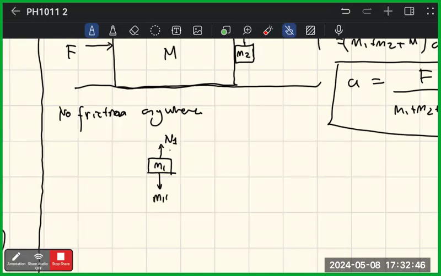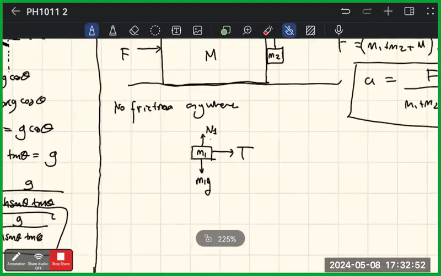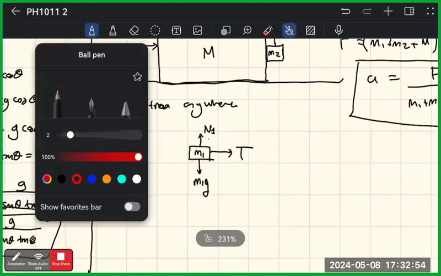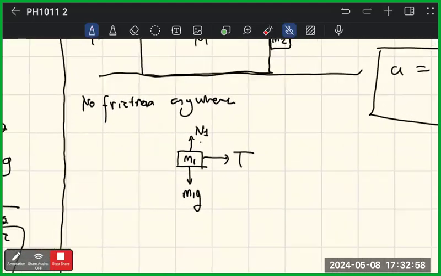We have m1g, we have tension here, and because we're seeing this from the reference of the moving system, we have to say that it has a fictitious force, and the magnitude of the fictitious force is m1 times the acceleration of the system.